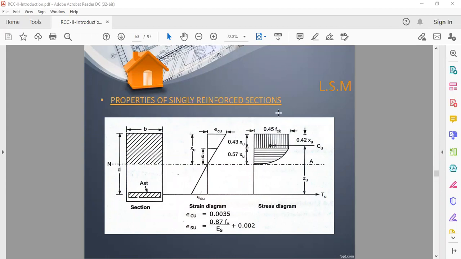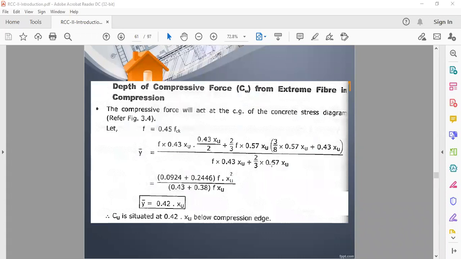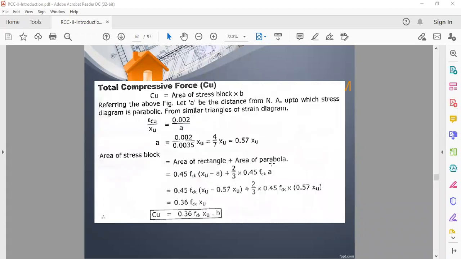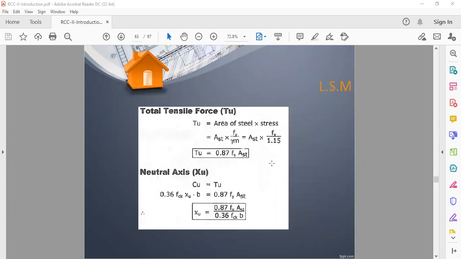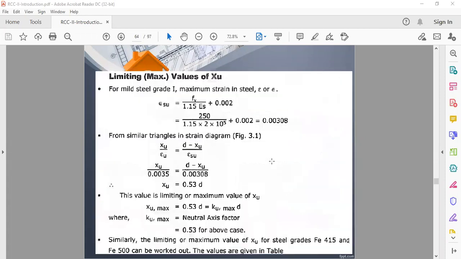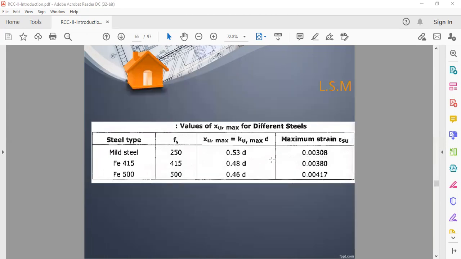Here we have seen that through the strain diagram and stress diagram, we can calculate the depth of compressive force, then total compressive force, total tensile force, neutral axis depth, then the limiting or maximum value of XU for different grades of steel.